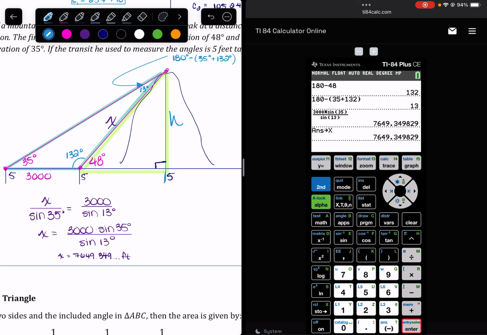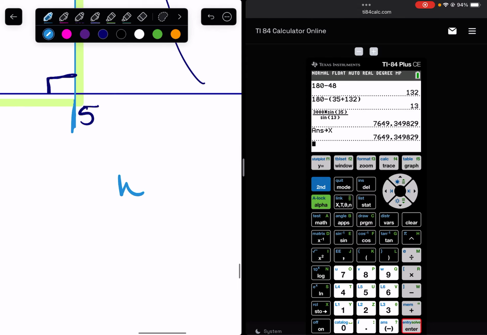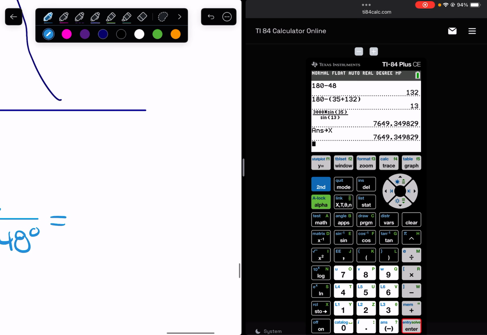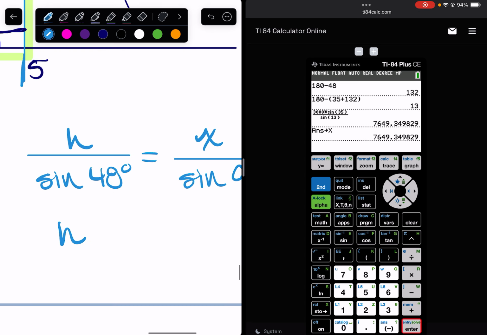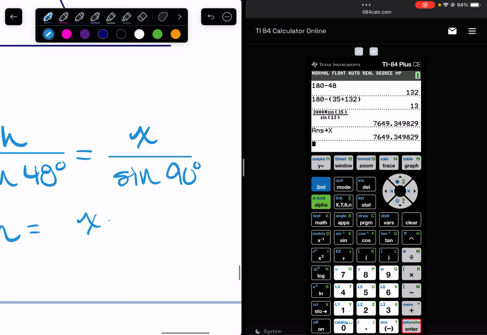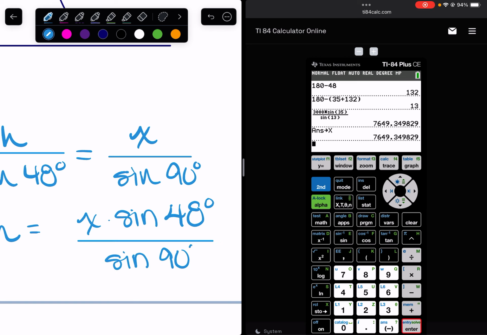To find side H, the ratio of side H to the sine of the angle opposite it, which is 48 degrees, has to equal the ratio of side X to the sine of the angle opposite side X, which is 90. If we manipulate this, our height is side X times the sine of 48 degrees over sine of 90 degrees.